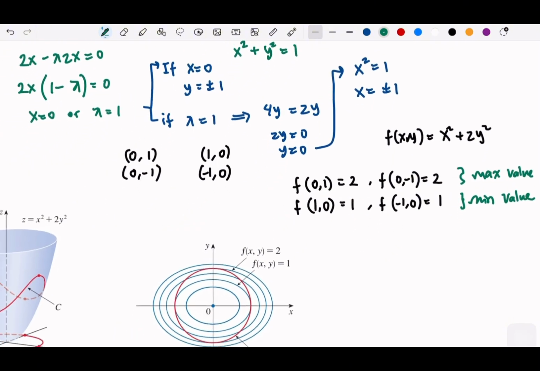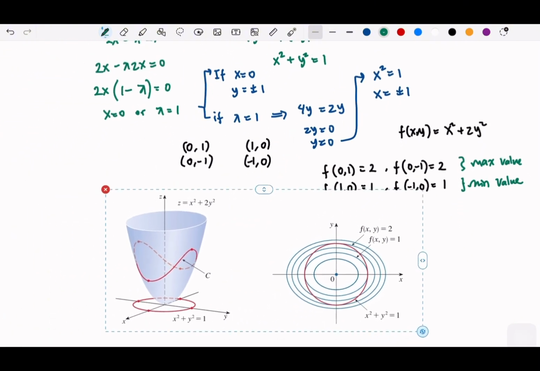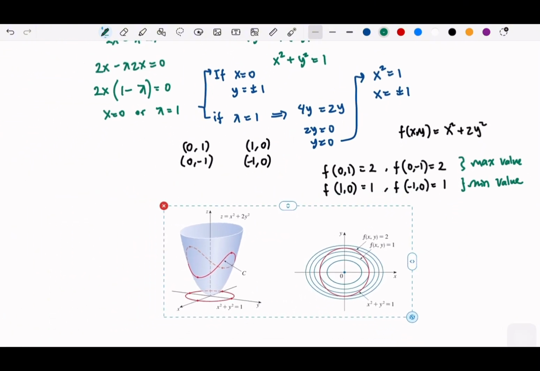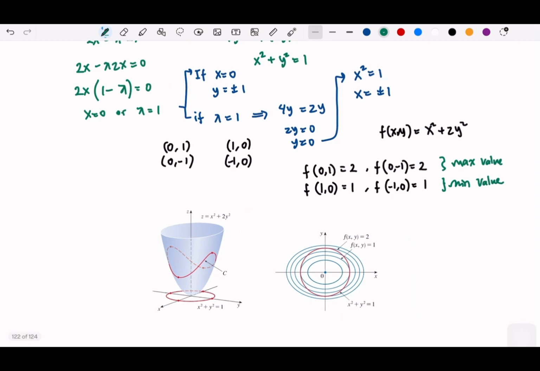So this is how it looks if you want to see it more visually. This is the point, the minimum, and this is the maximum. This is the surface, an elliptic paraboloid.